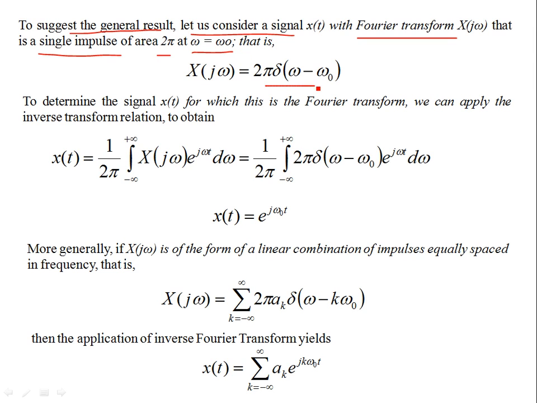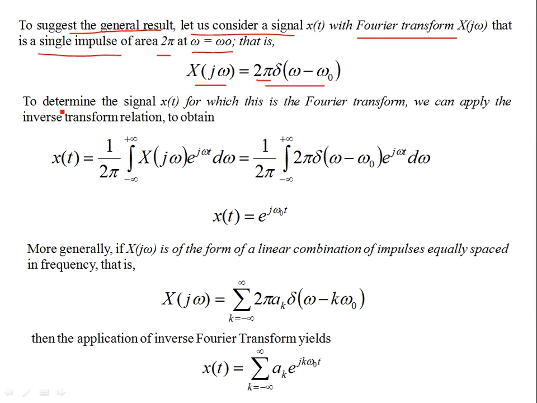This is what the expression is saying: the impulse has an area of 2 pi, that's the strength, and this impulse occurs at omega 0. This is an impulse in the transform domain, not an impulse in the time domain.